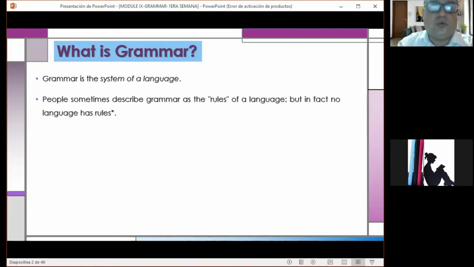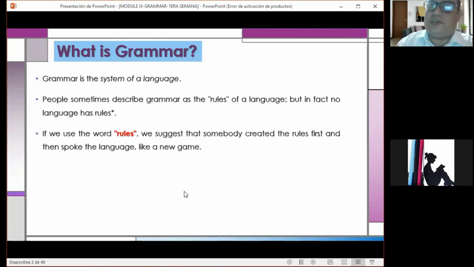Rules, patterns. If we use the word rules, we suggest that somebody created the rules first and then spoke the language, like a new game. Notice here, we say that they are the rules, so somebody created those rules.